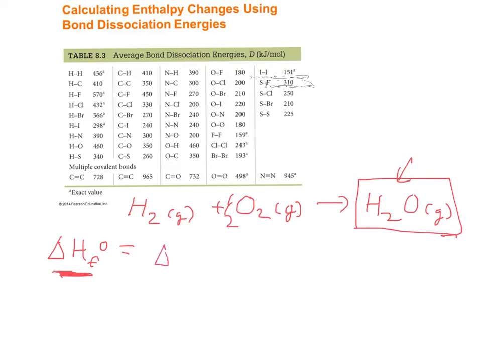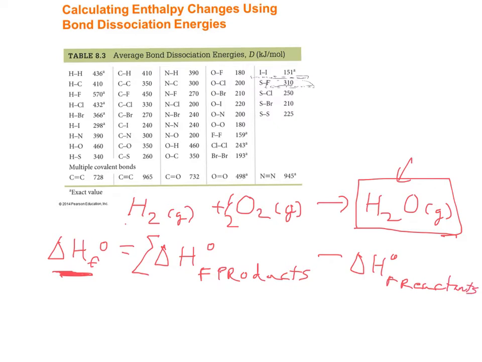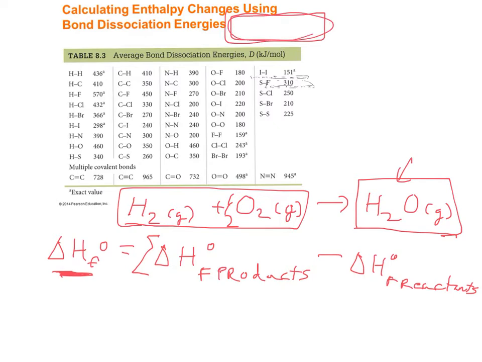So it makes sense that when we work our Hess's law, we're taking the enthalpy of formation of our products and subtracting the enthalpy of formation of our reactants. Why? Because are we forming these guys? No! We're breaking them up, right? We're doing the opposite of what the enthalpy of formation was designed to measure.